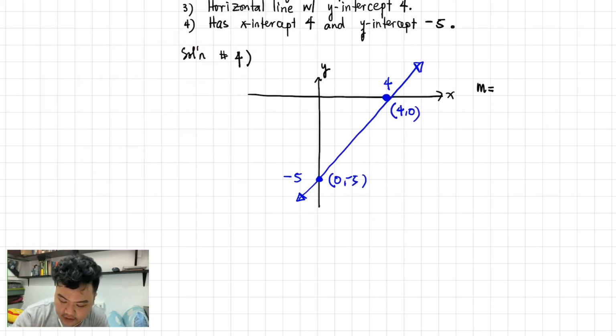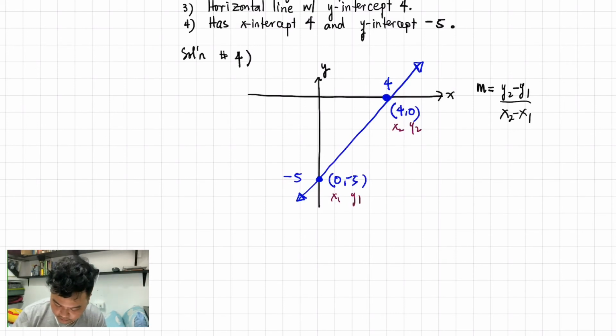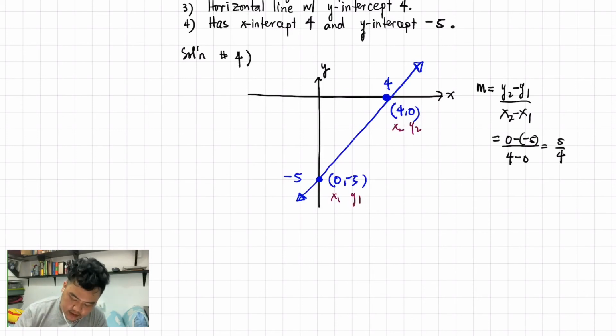Okay, so let us call this one (x2, y2) and this (x1, y1). The formula for slope is y2 minus y1 over x2 minus x1. So the slope is 0 minus negative 5 over x2 is 4, x1 is 0. So the slope is 5/4.